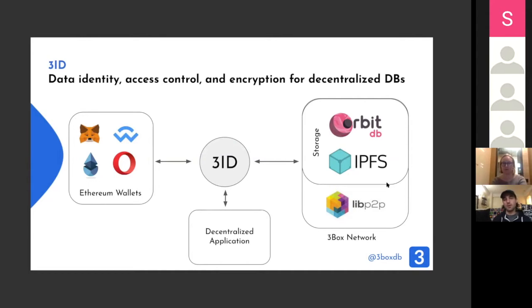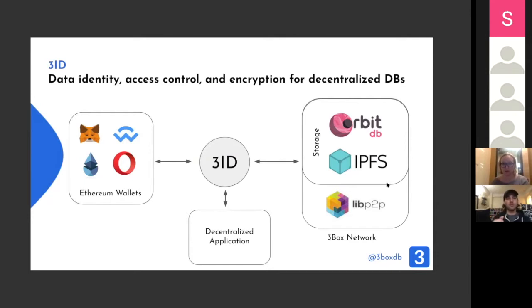And so we started out by just offering storage for one key. So if you had MetaMask, you could go to an app and the decentralized application could request, through the Ethereum provider API, I want to access this profile or this space in a user's 3Box.